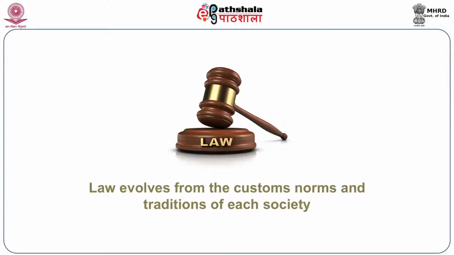Similarly, when you look at the legal system, if you talk about law, law evolves from the customs, norms and traditions of each society. So what was a norm becomes a rule or a law at different points of time. Law does not come straight away and then human beings start practicing it.